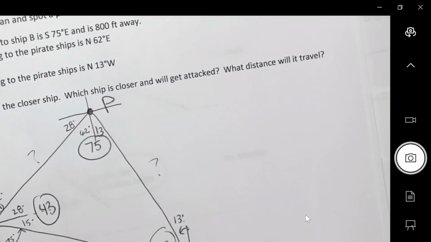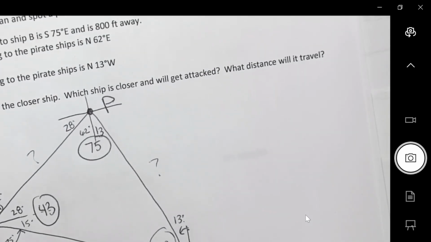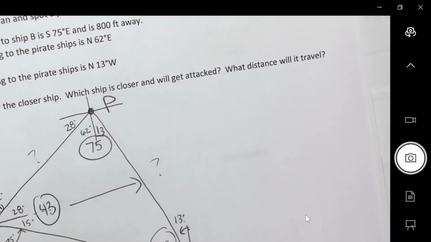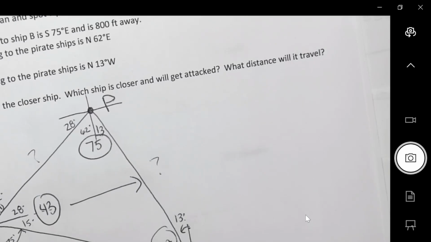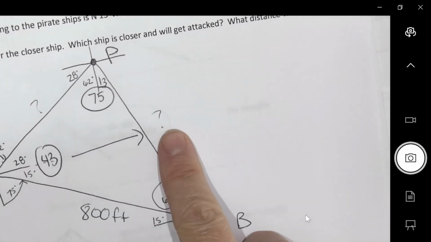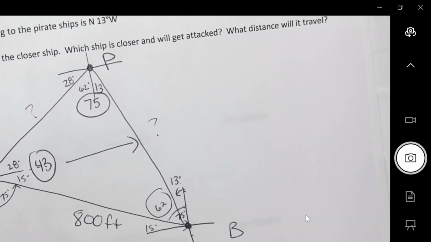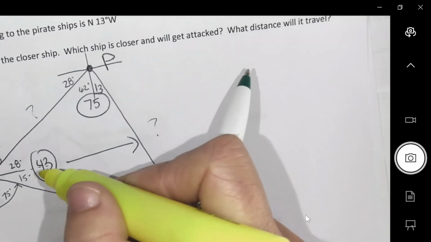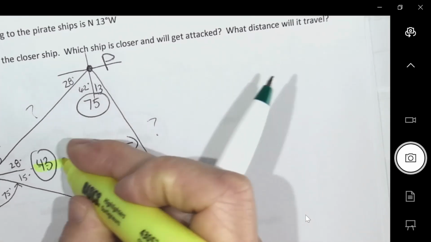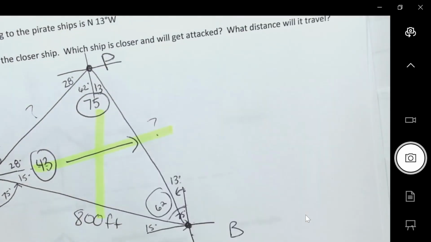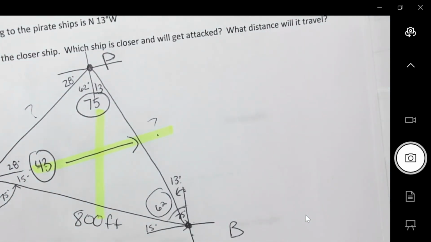I'm not going to figure them both out. What do I know about triangles? Which side would be smaller? Across from the smallest angle is smaller. So this side is across from a 43. This would be across from a 62. So I'm going to use what kind of trig strategy? Sine law.